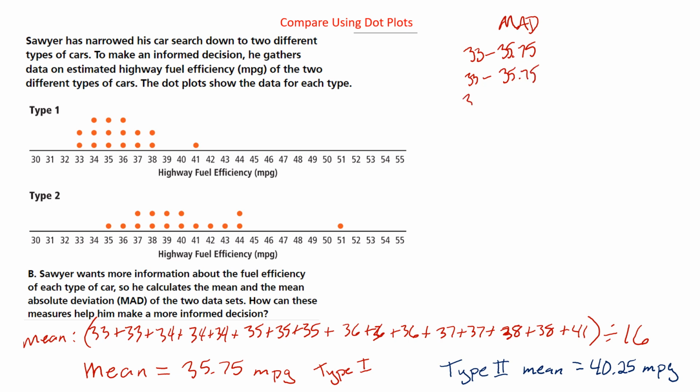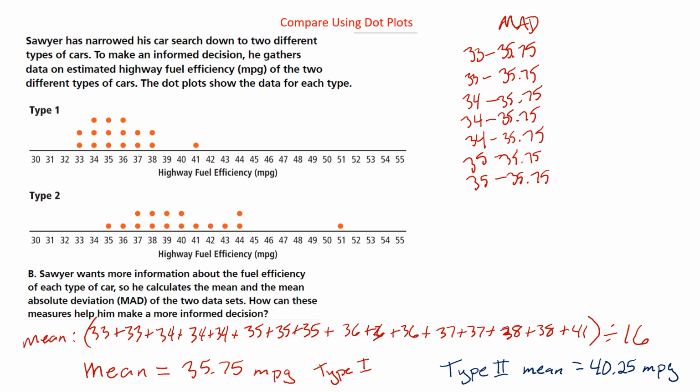Then the next one, 33 minus 35.75. Then 34 minus 35.75, another 34 minus 35.75, and another 34 minus 35.75. Then a 35 minus 35.75.